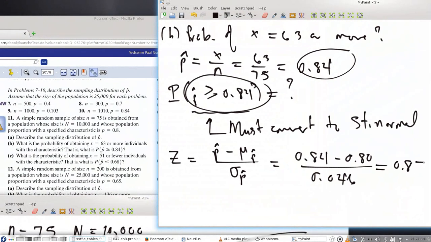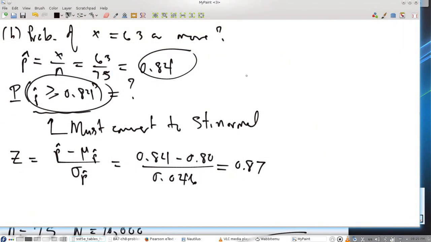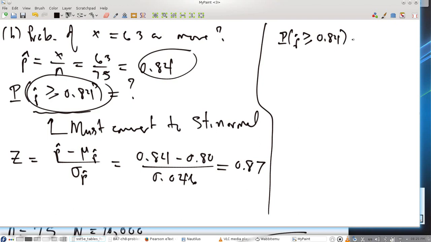Okay, 0.87. Thus, we are now able to write, the probability of p hat, which is 0.84, is now, based on the standard normal curve, z greater than or equal to 0.87.